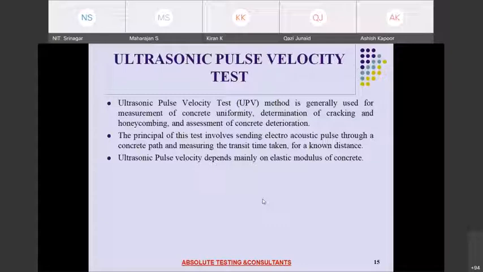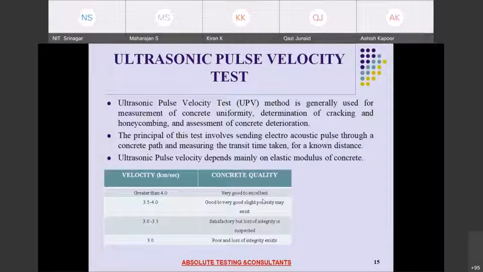Now it comes under IS 516 Part 5, Section 1 and Section 2. The revised code is IS 516 Part 5 Section 1 for ultrasonic pulse velocity, and Section 2 for the rebound hammer test. So here you can see, based on the IS code, these are the parameters shown over here.